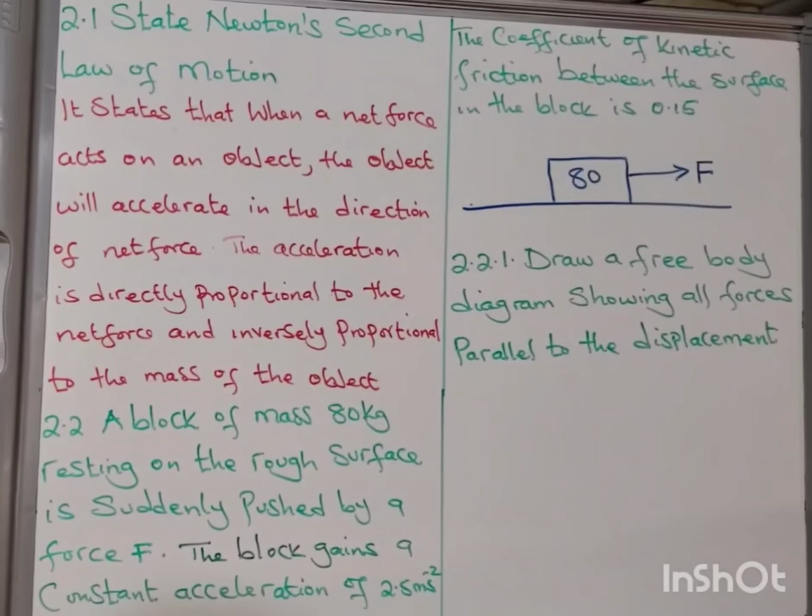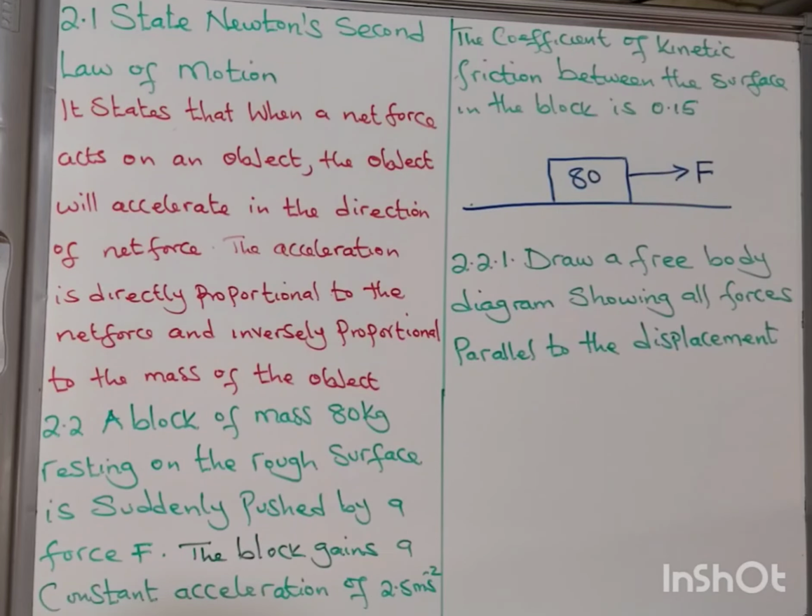Then comes the next question. It says a block of mass 80 kilograms resting on a rough surface is suddenly pushed by force F. The block gains a constant acceleration of 2.5 meters per second squared.